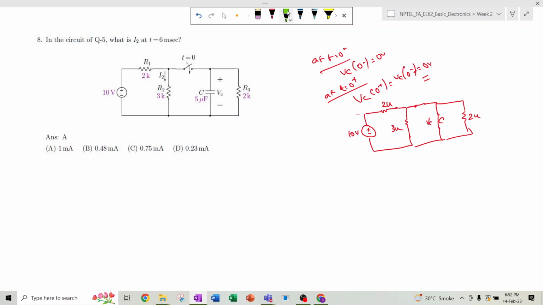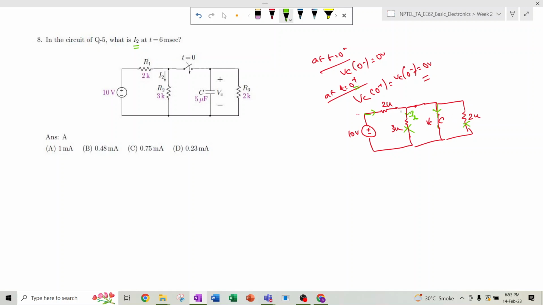Now at t equal to 0 plus, what is the current flowing through I2? We should determine this, because we need to find I2 at t equal to 6 millisecond. At t equal to 0 plus the equivalent circuit becomes this. The entire current will flow through the short circuit path, and no current will flow through the other two paths because they have some resistance.